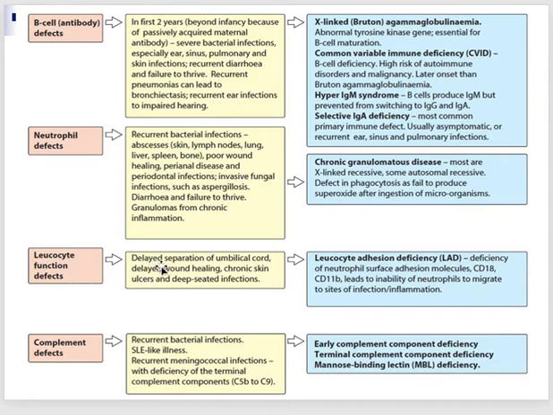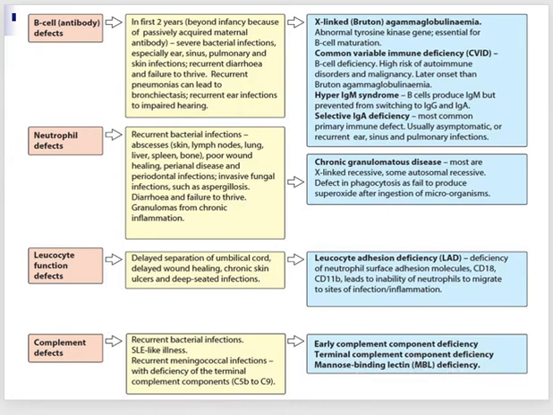They present with delayed separation of the umbilical cord and delayed wound healing, and the example is leukocyte adhesion deficiency (LAD). And there could be complement defects, so they present with recurrent bacterial infections or recurrent meningococcal infections, early complement component deficiency, terminal complement component deficiency, or mannose-binding lectin deficiency.